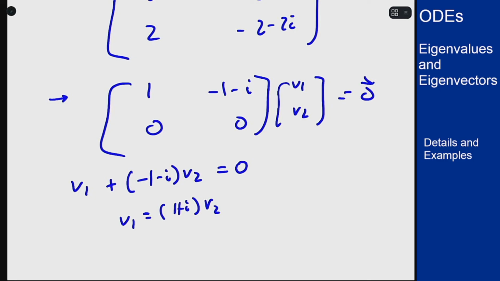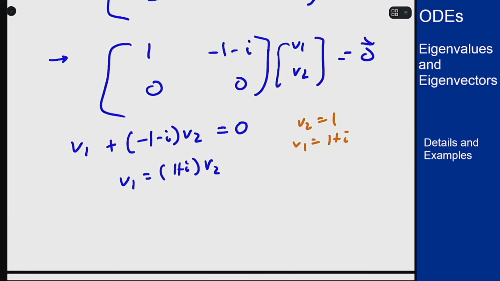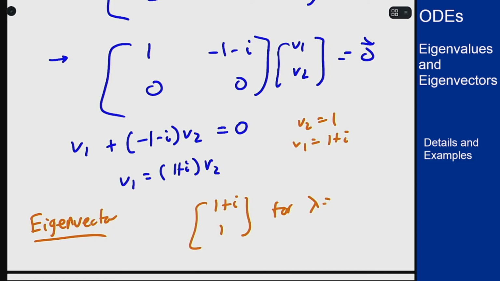I want to pick a non-zero vector to solve this, so I'm going to pick v2 to be 1 to make my life easier. So if I pick v2 to be 1, I get that v1 should be 1 plus i, and therefore I get my eigenvector to be (1 plus i, 1), for lambda being -1 plus 2i.